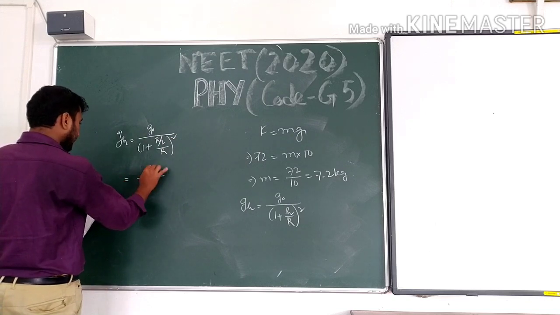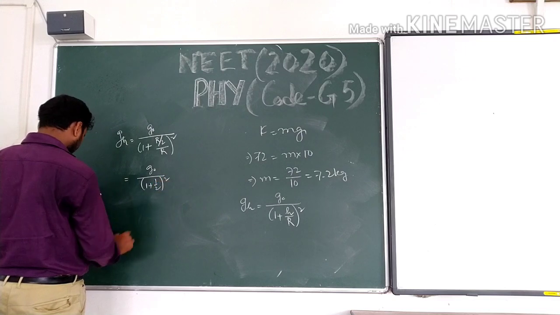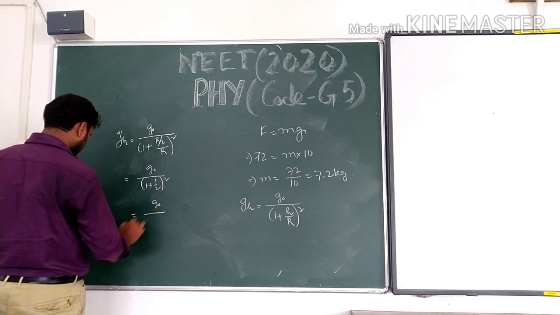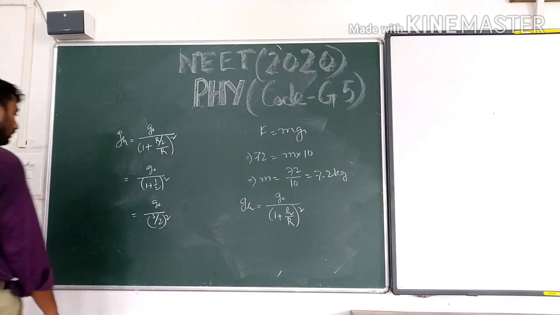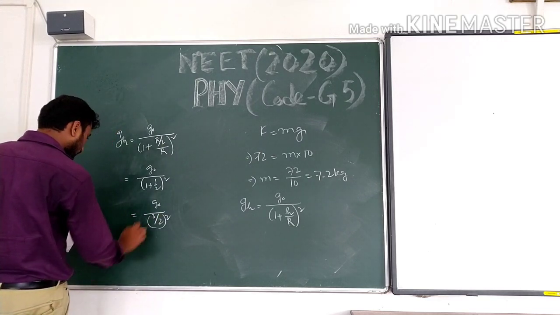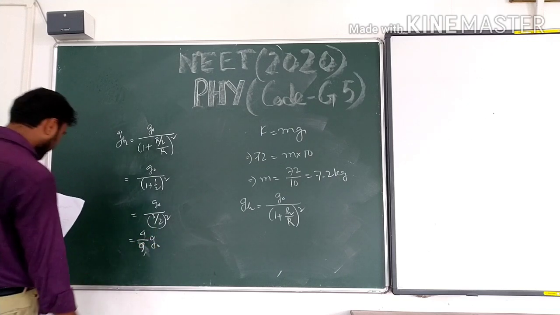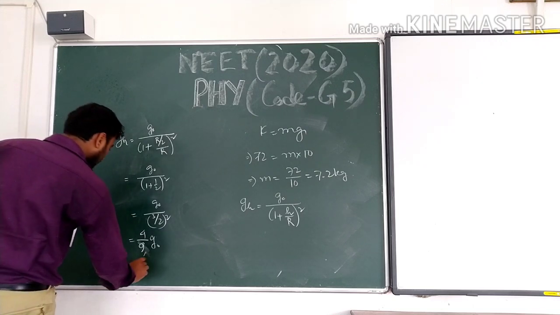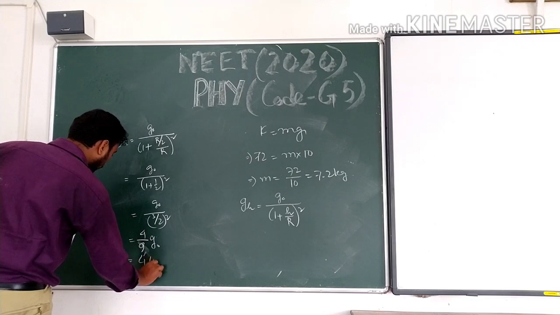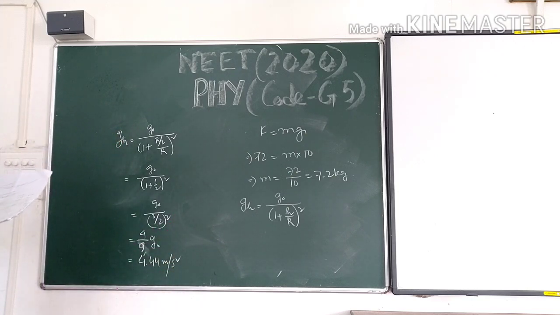So it will be g naught by 1 plus half whole square, so g naught by 3 by 2 whole square. Okay, it will be 4 by 9 into g naught, 4 by 9 into g naught. So it will be equal to 4.44 meter per second squared. Right?